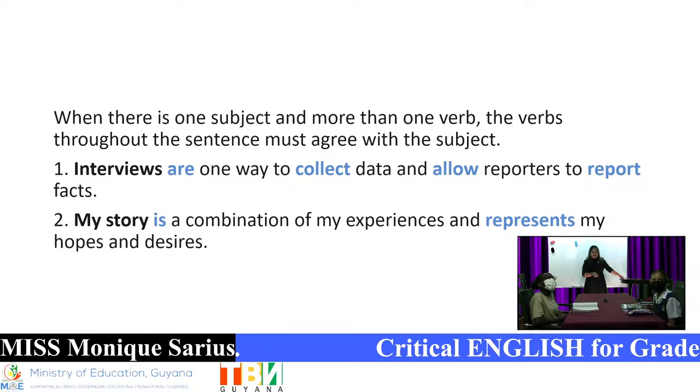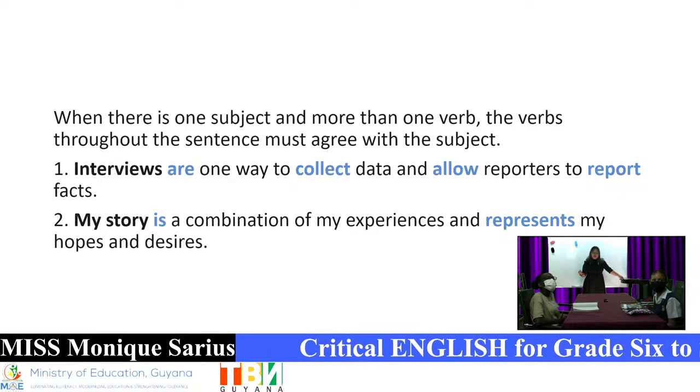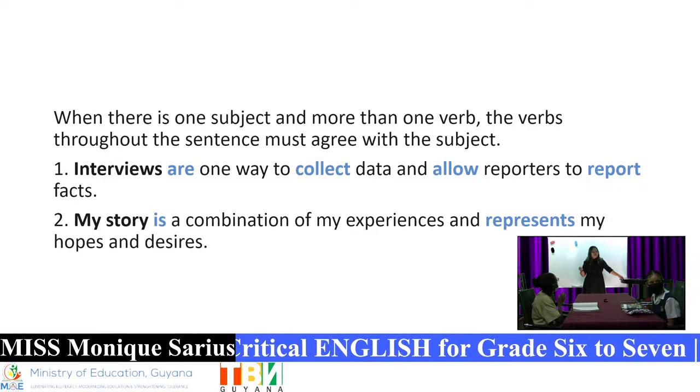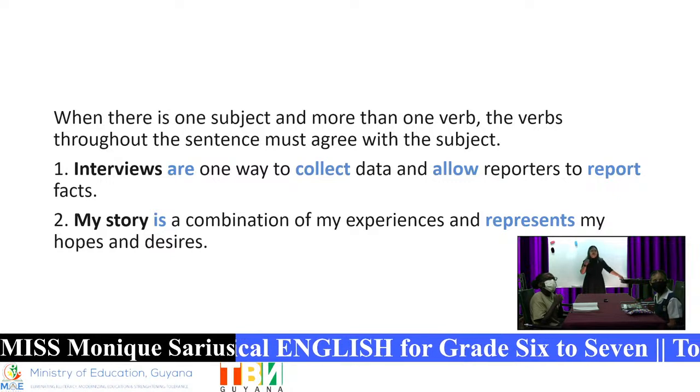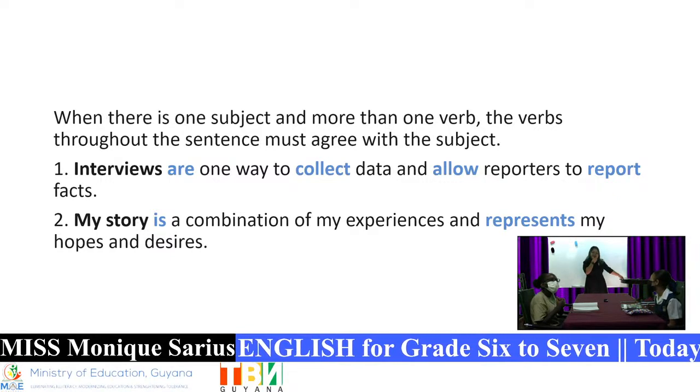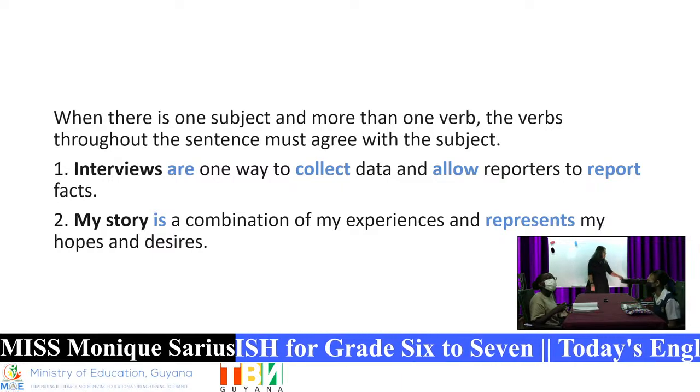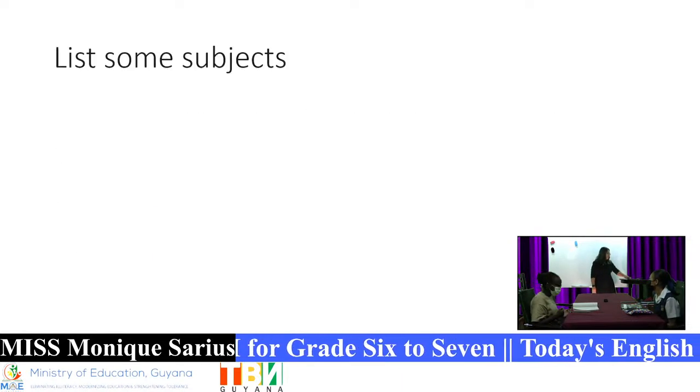The ones in blue are verbs. So what are they? Is and represents. So you notice represents ends with an S at the end, right? Correct. So let us continue.